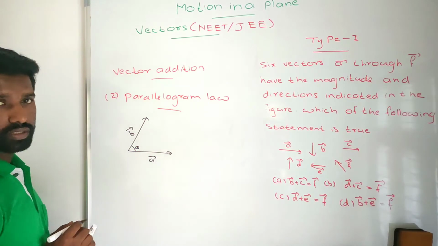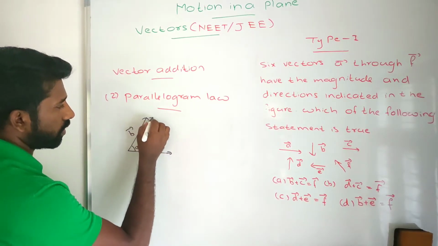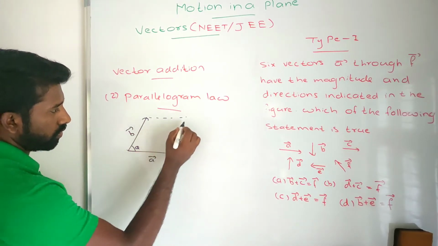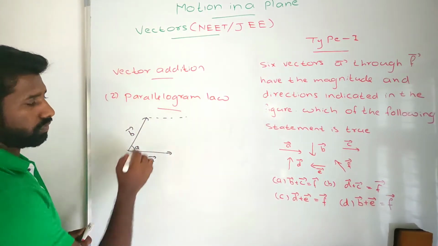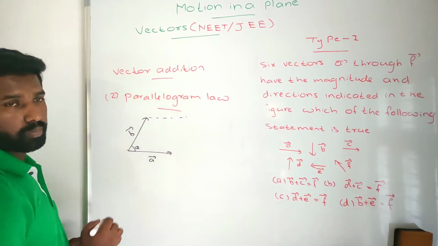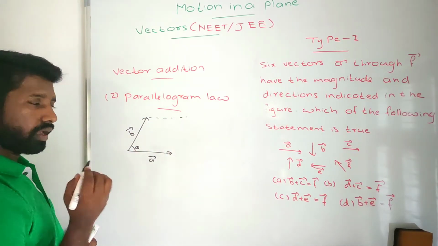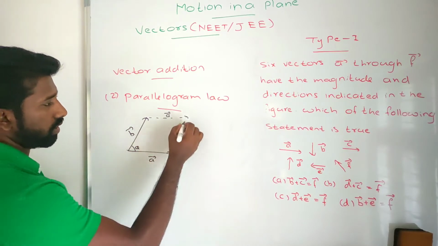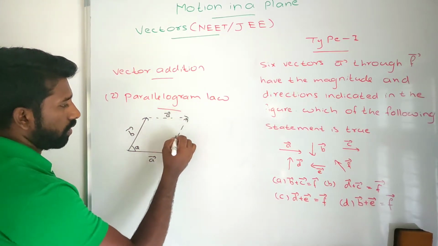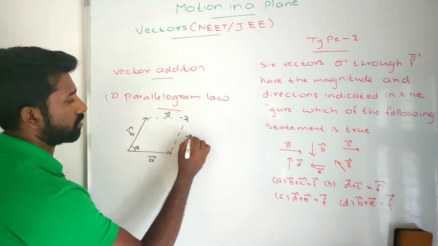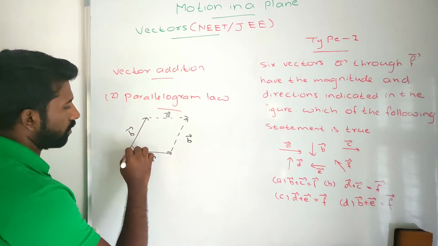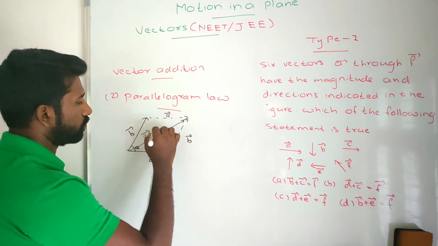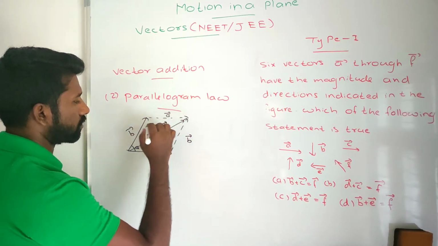We can consider these two vectors as the sides of a parallelogram drawn from a common point. This is the common point. In a parallelogram, opposite sides are equal and parallel. So this side I can consider A, and if I draw another side, this is B. Then the diagonal is this. This is the diagonal, that R is equal to A vector plus B vector.